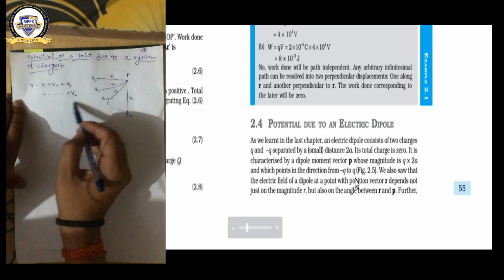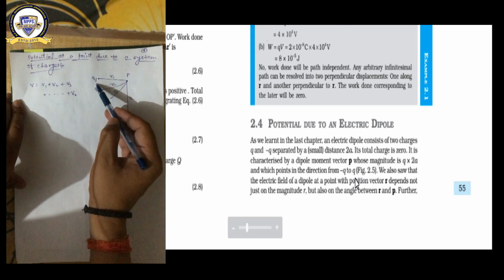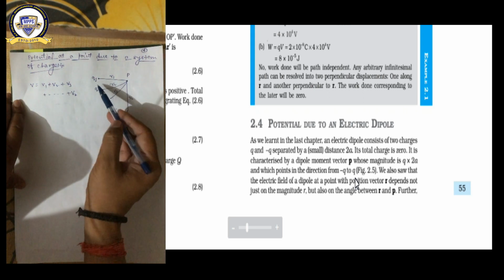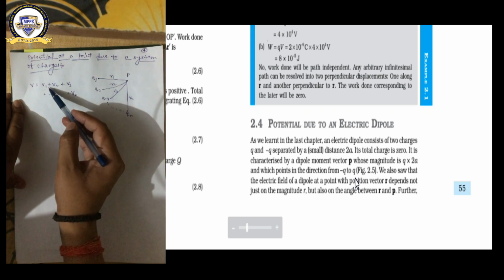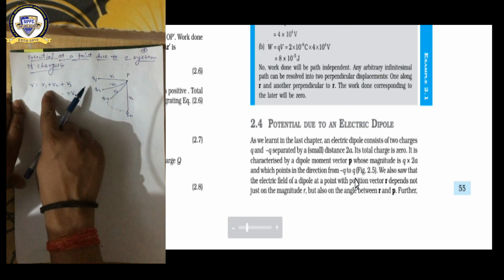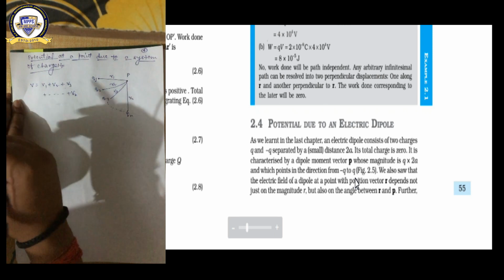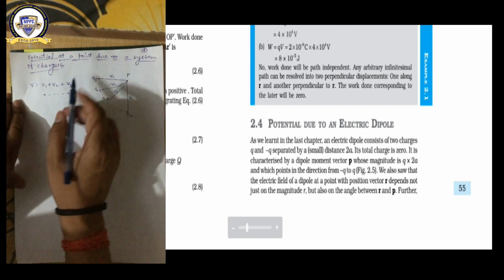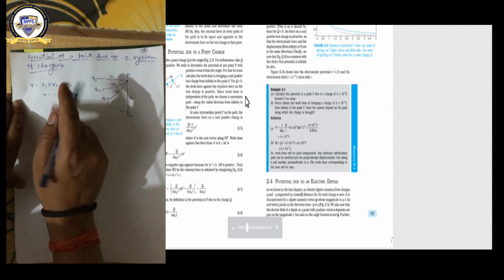Here this is the algebraic sum. Algebraic sum means if the charge is positive, the sign will be positive, and in case there is a negative charge, the sign will be negative. If positive and negative both charges are there, we use positive and negative signs both.